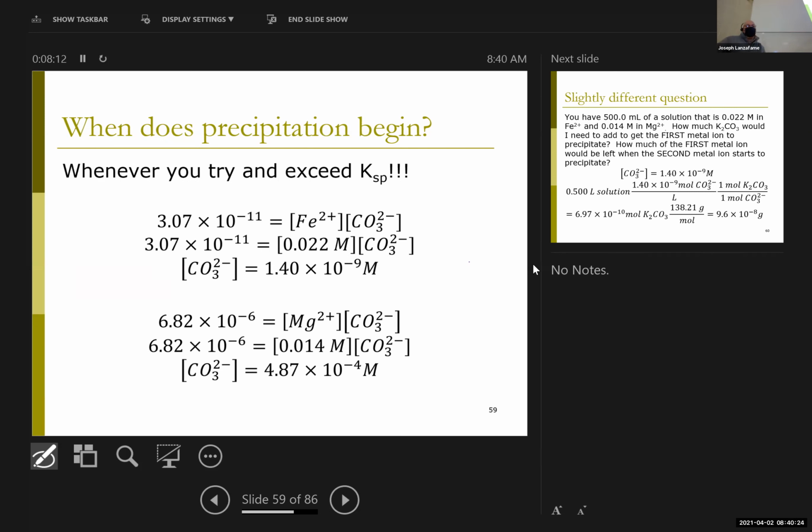Now, in theory, I could calculate how much iron carbonate precipitates for every little addition of carbonate. Because again, it's predictable. I could make a nice chart and solve it. On the other hand, I don't really care about what's happening every step of the way. Let's see if I can squeeze this in here.